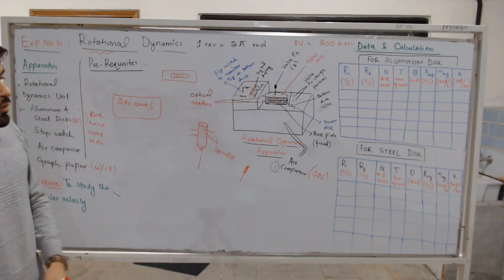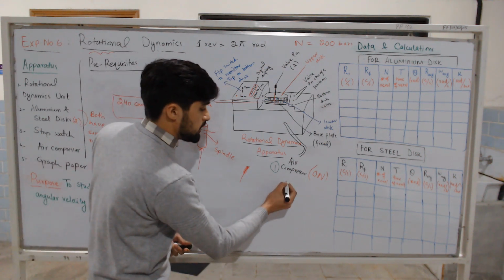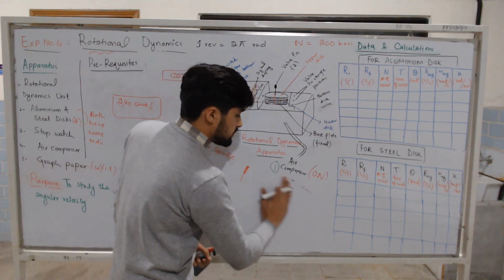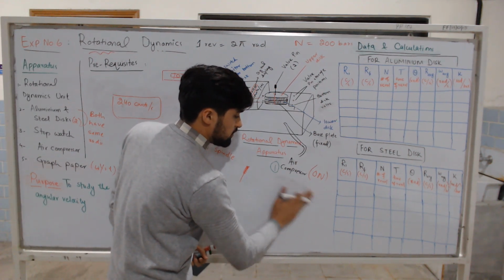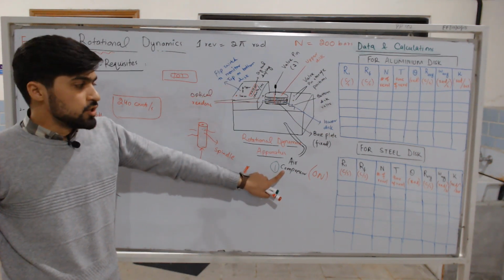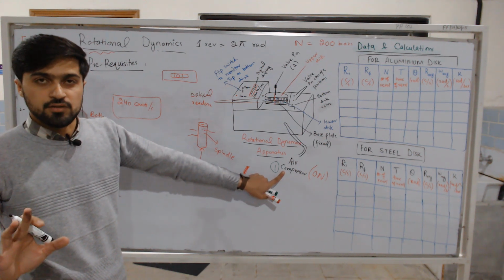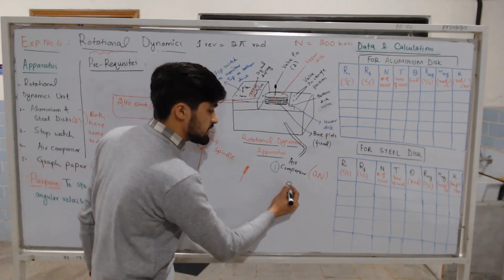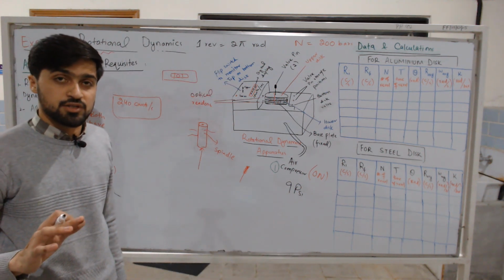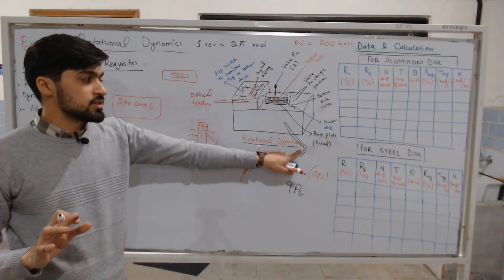Now, when the air compressor is turned on, the air required for this experiment is 9 psi. But because the pressure may vary depending on the type of the air compressor, you should always perform this experiment at constant pressure. If you are not using the 9 psi value, you can use any value, but not too high. Keep in mind, the pressure should not be so high that it disturbs the valve and these tubes.